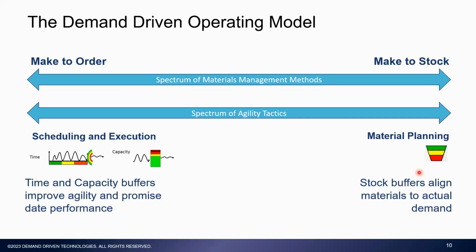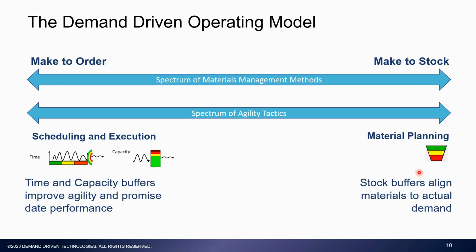It's about scheduling and execution optimization at that point, because there's very little in the way of common materials. And it's more about how well we are utilizing our production capacity in a wise way to get that agility and resilience. So we're not trying to be one size fits all here. There's a range of different scenarios, and our goal is to provide the tools that you can utilize wherever you are on this map.